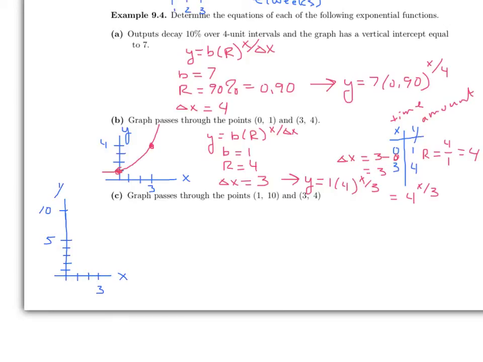Okay, so I've got some tick marks drawn in. We know that the graph passes through (1, 10). That would be right about here.